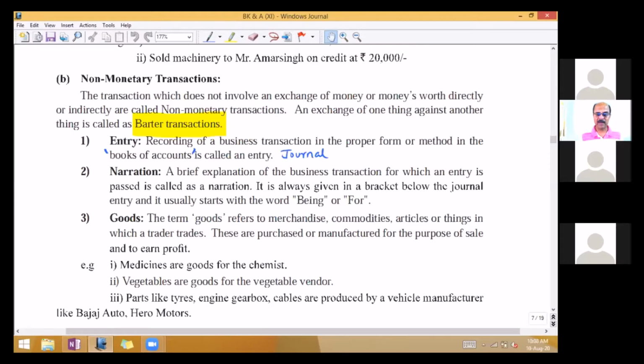Whatever you write in a very technical way, as an accountant writes, for a lay person to understand, we write a brief description, and that is called a narration. When something is written, under that in brackets you write the meaning of the transaction, the entry, the posting. That's called narration. Just a small explanation.